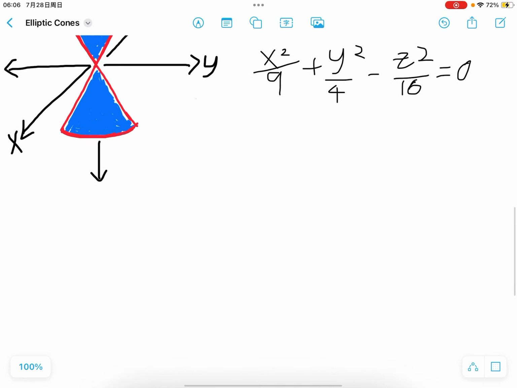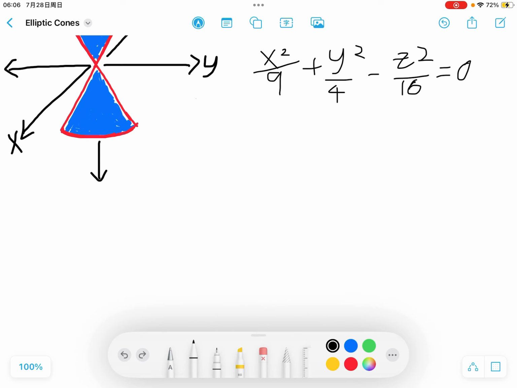So now let's graph the xy, xz, and yz traces. Our first trace is the xy trace. I have the x-axis and y-axis, and if I let the z term be 0, then what I have is x squared over 9 plus y squared over 4 is equal to 0.